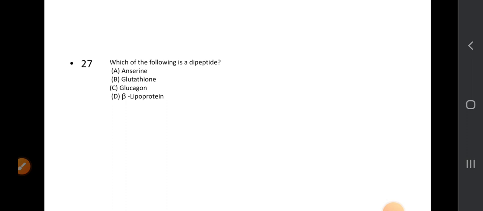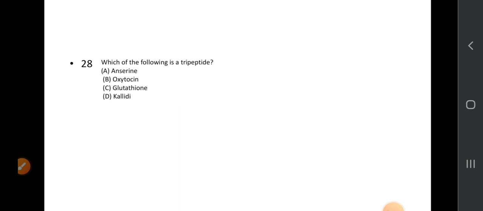27th question says which of the following is a dipeptide? N-serine, glutathione, glucagon, beta-lipoprotein. Pause the video, write your answer. 28th question says which of the following is a tripeptide? N-serine, oxytocin, glutathione, or Kallidin.